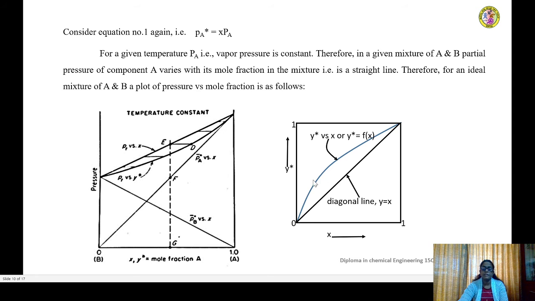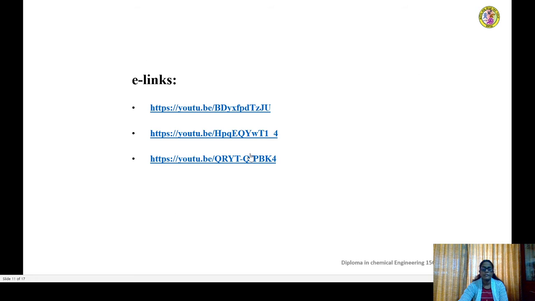This particular curve is called the equilibrium curve or equilibrium distribution curve, which is nothing but the plot of Y star versus X, with Y star as a function of X. That is what is meant by the ideal solution.